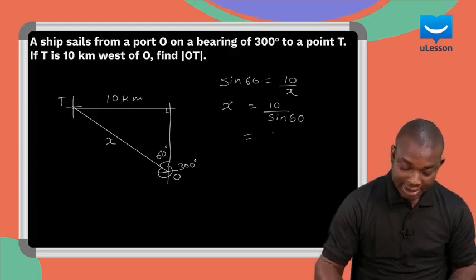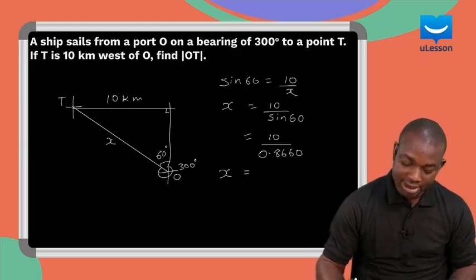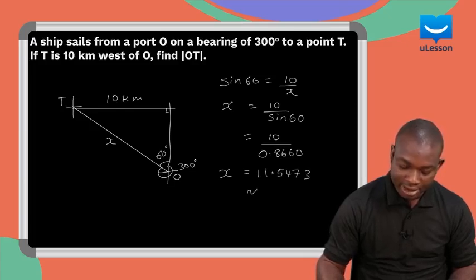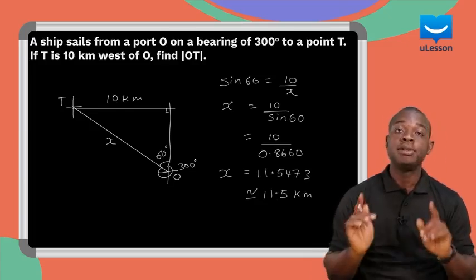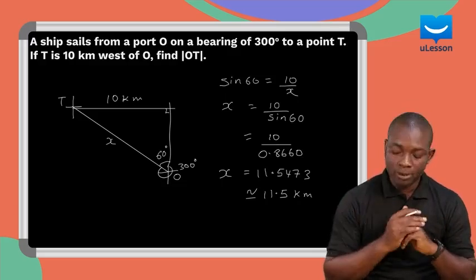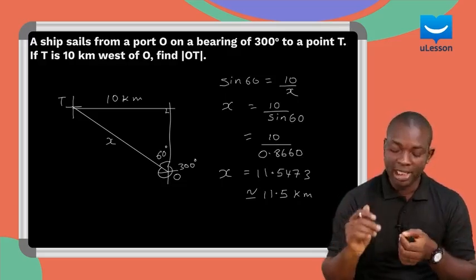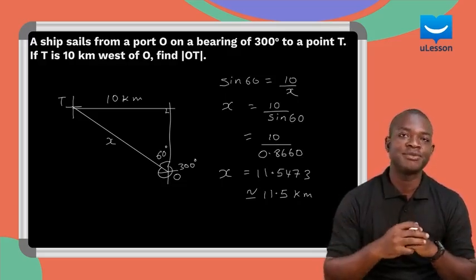Now the value of sine 60 is 0.8660. So when we divide 10 by 0.8660, we have 11.5473, which is approximately equal to 11.5 kilometers. This means that the length of line OT is approximately 11.5 kilometers.